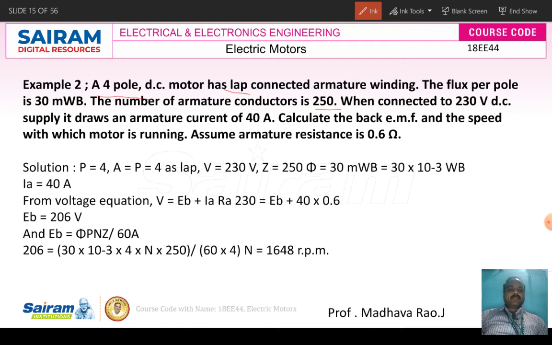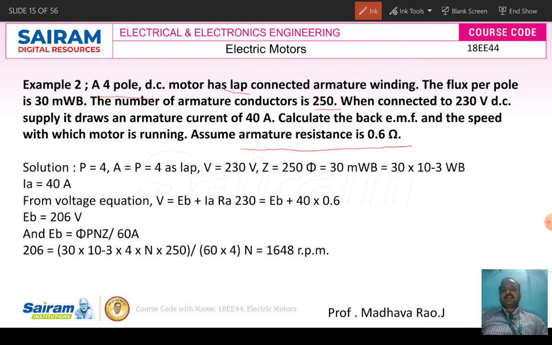Calculate the back EMF and the speed with which the motor is running. Assume armature resistance is 0.6 ohm.